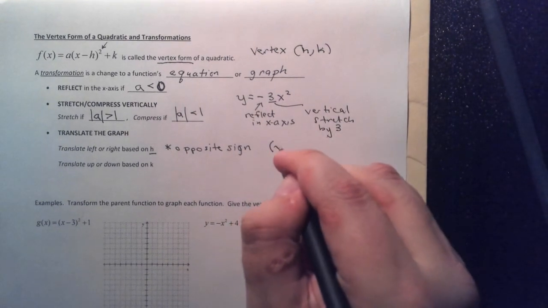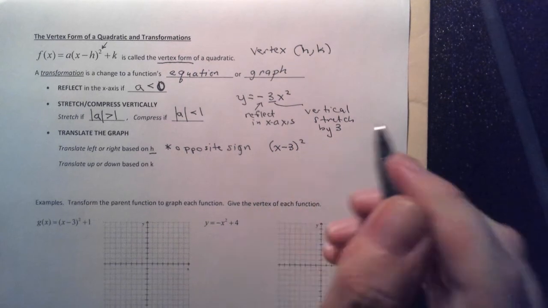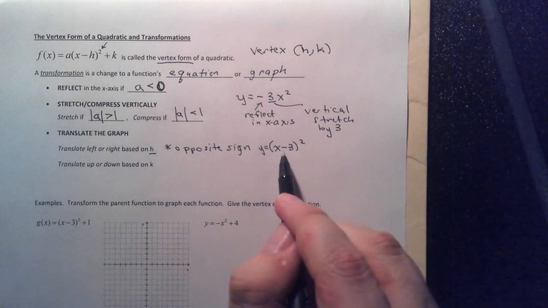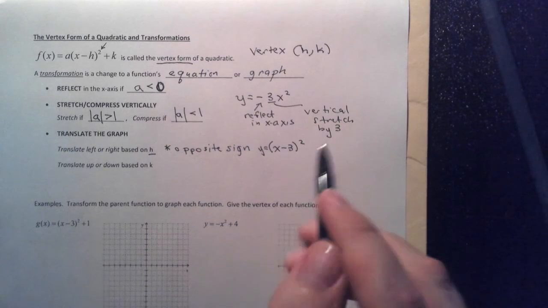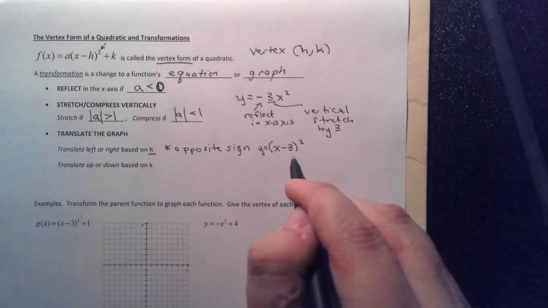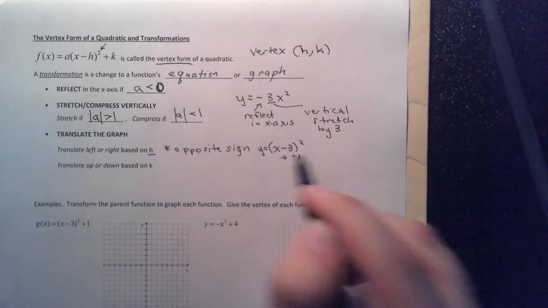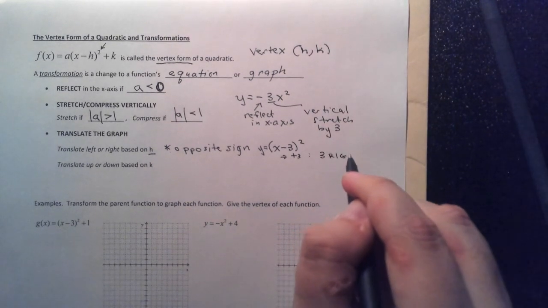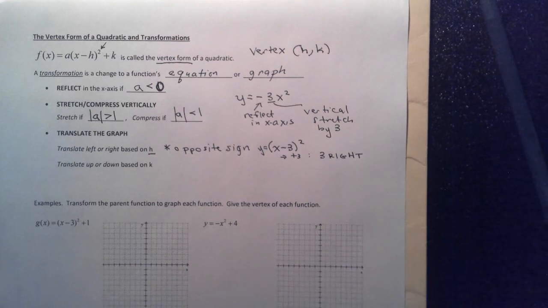So if I saw something like x minus 3 squared, then even though you see minus 3 and might think 3 to the left, I actually want to think about plus 3, which would mean 3 to the right.